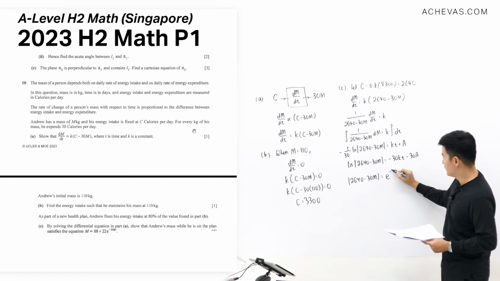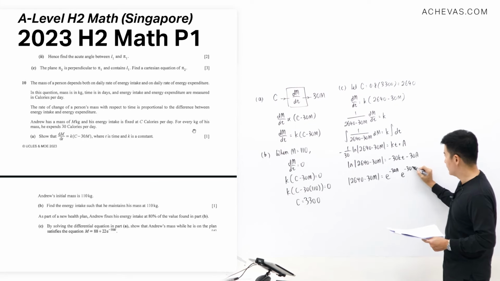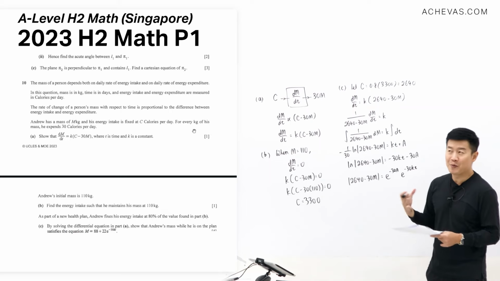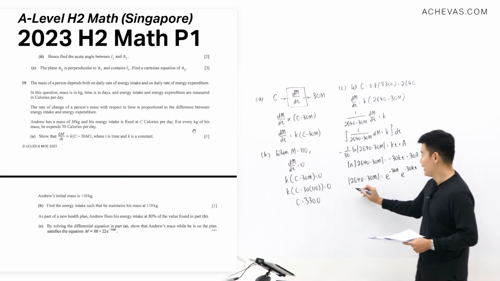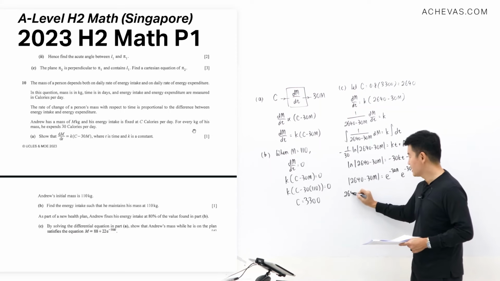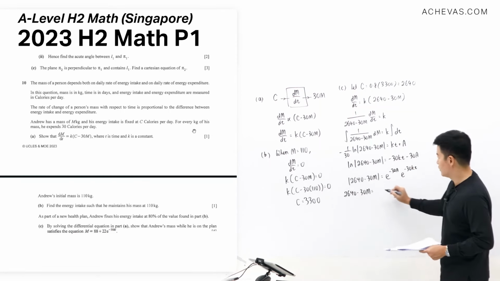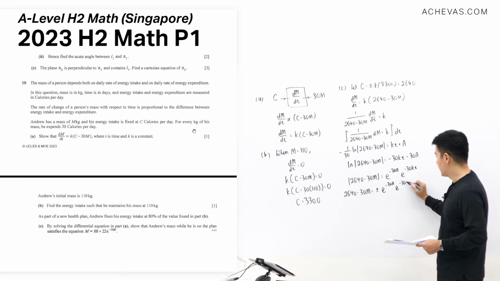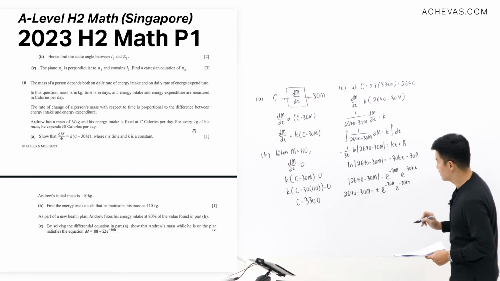So I'm going to go for this first, minus 30a, then e to the power of negative 30kt. Removing the modulus on the left hand side, on the right hand side, I'm going to just replace it with a plus minus. So 2640 minus 30m is going to be equal to plus or minus e to the power of negative 30a, e to the power of negative 30kt.